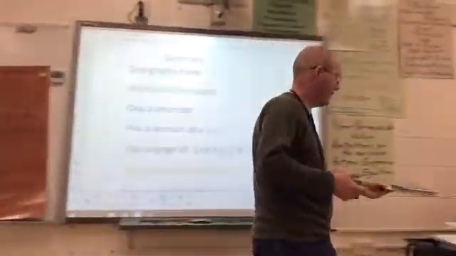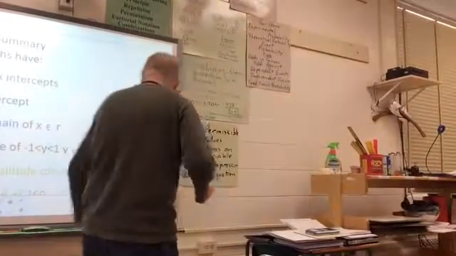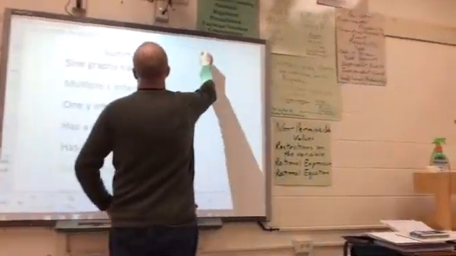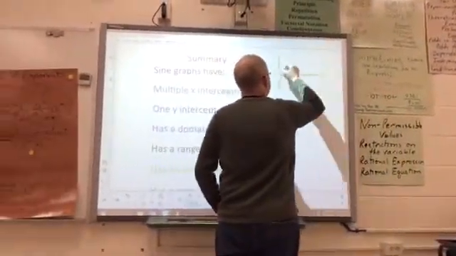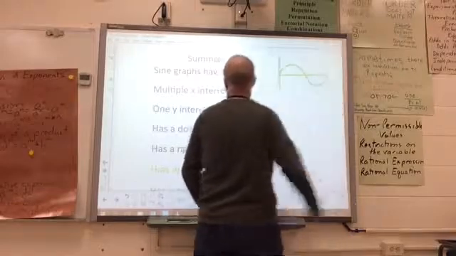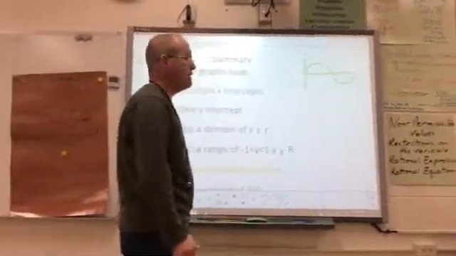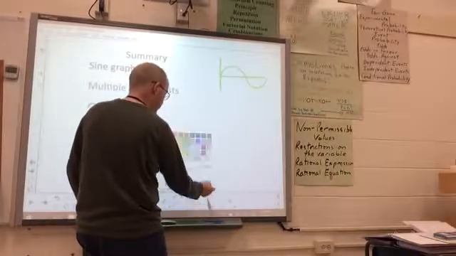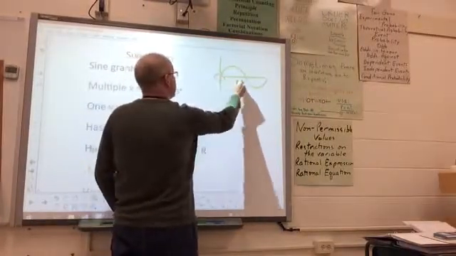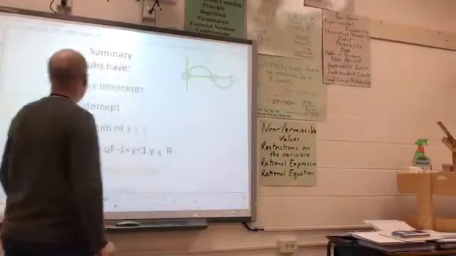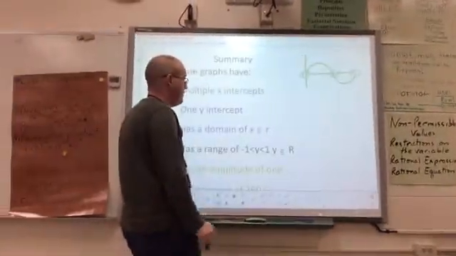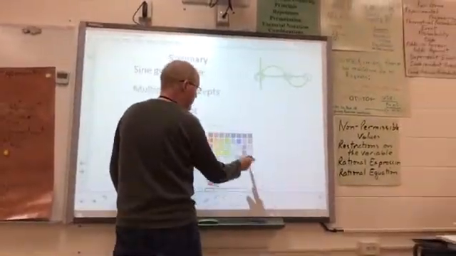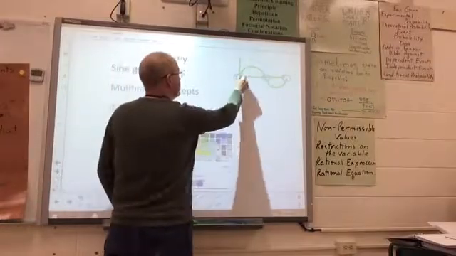Okay? Now, summary. What do we know about sine graphs? Well, as I said, here it goes, like that. It has multiple x-intercepts. It keeps hitting the x-axis. It has one y-intercept. It crosses the y-axis once.